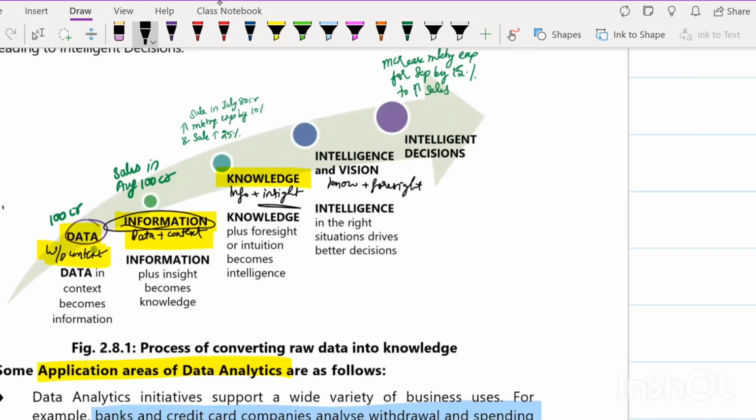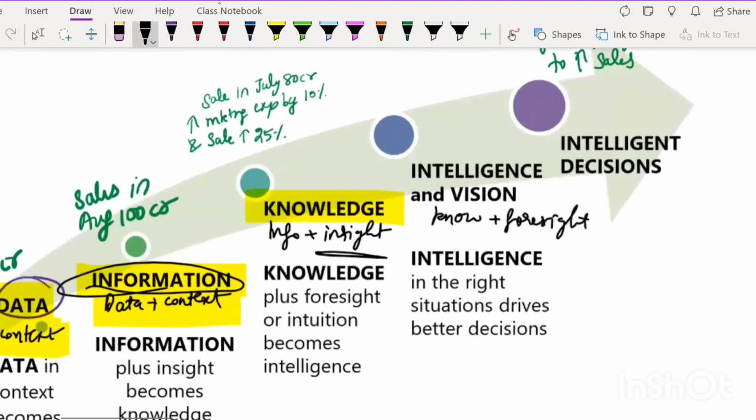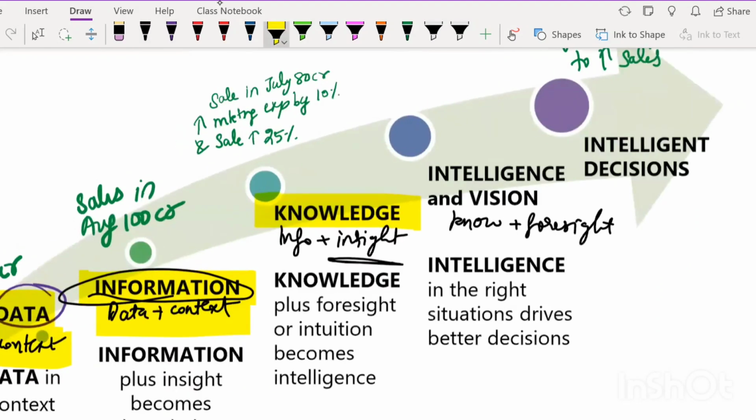The insight you have got is that sales in July was 80 crore rupees, but due to the marketing expenses increasing by 10%, your sales also increased by 25%. So this is the knowledge you have got by taking an insight into what the data has to provide you.